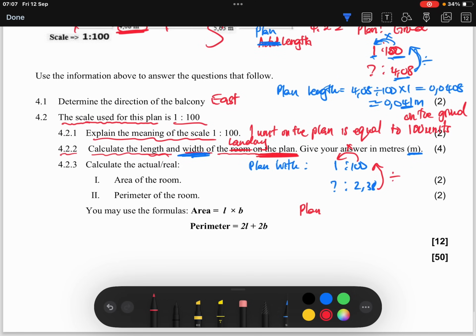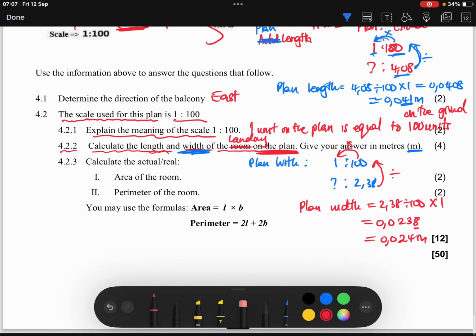So the plan width is going to be 2.38 divided by 100 times by 1, which is 0.0238. Into 3 decimal places it's 0.024, in meters, right? We got that.